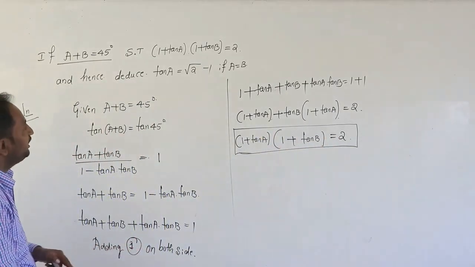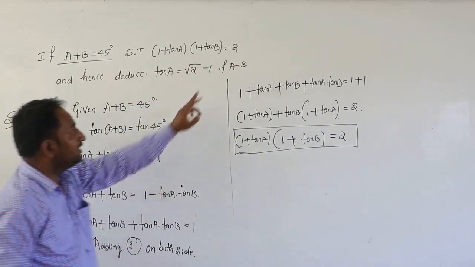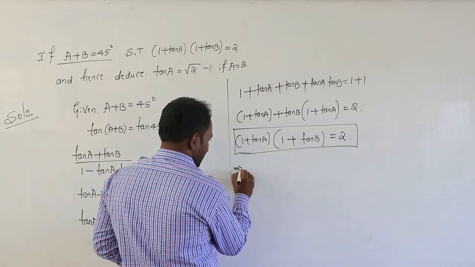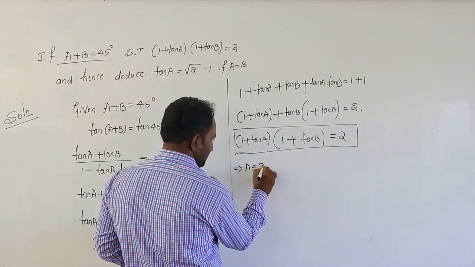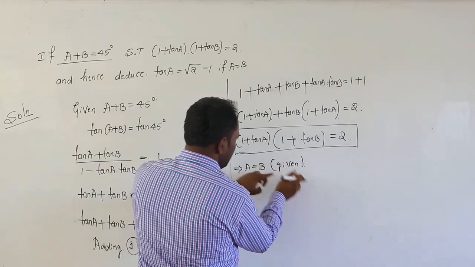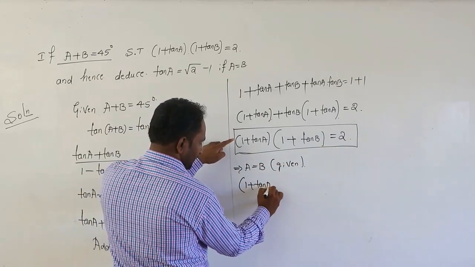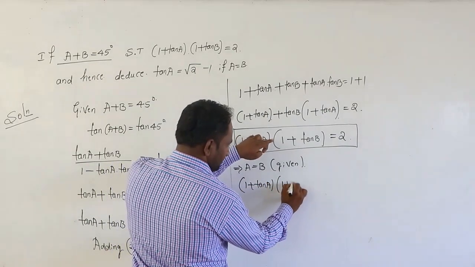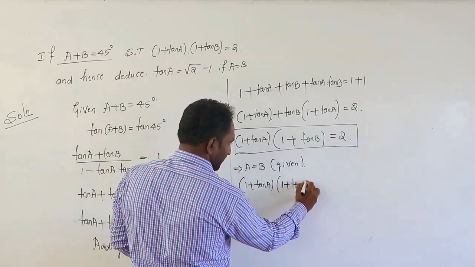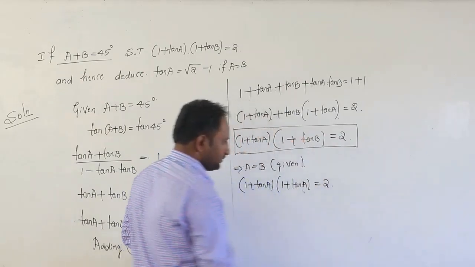Then hence deduce tan A value is root 2 minus 1 if A is equal to B. Suppose A is equal to B is given. Then (1 plus tan A) into (1 plus tan A), here the B value changes to A because A is equal to B, is equal to 2.